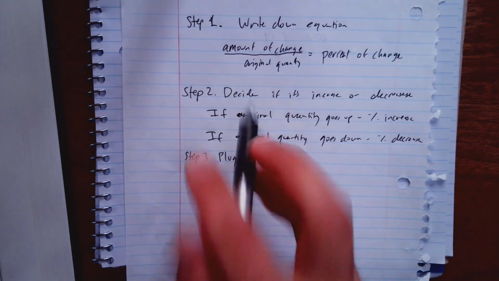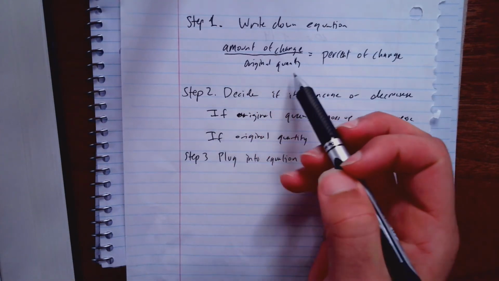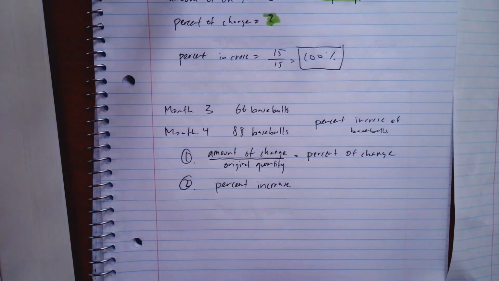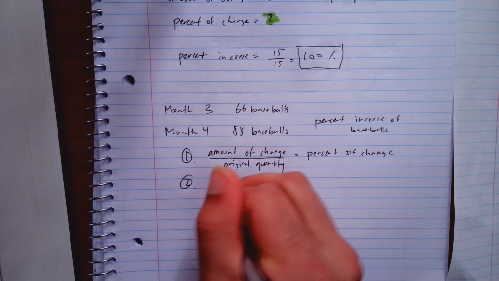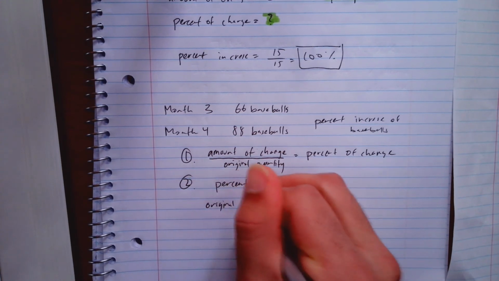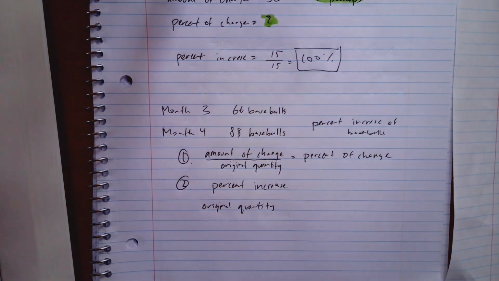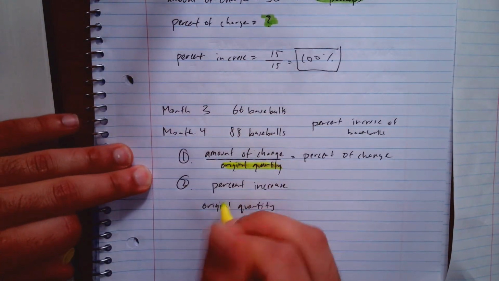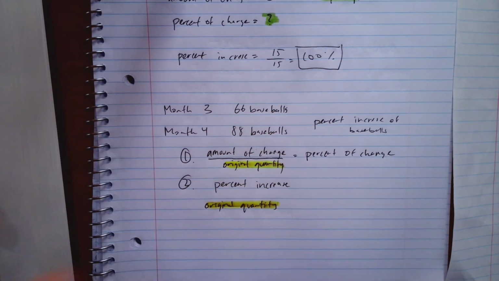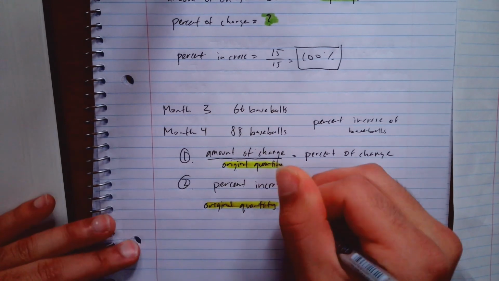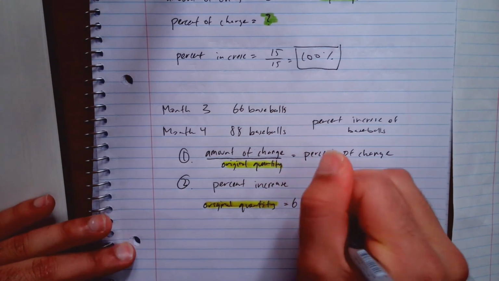Now we have to decide which number is our amount of change, what number is our original quantity, and what number is our percent of change. So, what would be our original quantity in this problem? I agree with you there. 66 baseballs.